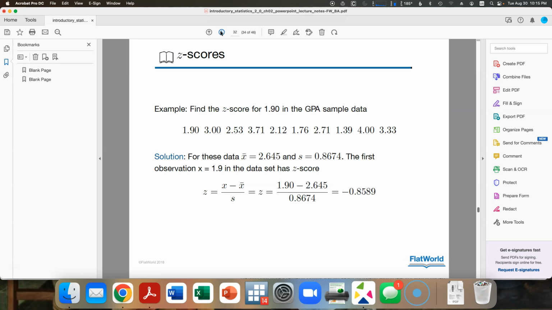Okay. So we can find the mean score by adding all these up and dividing by the number of observations, and it should equal 2.645. And then we need to find the standard deviation amount.